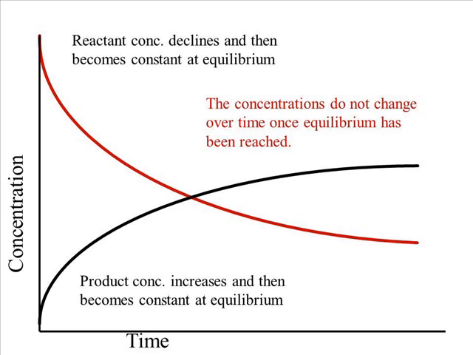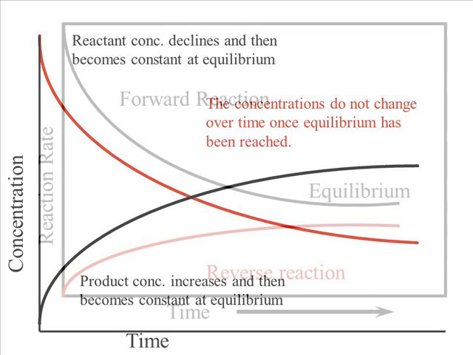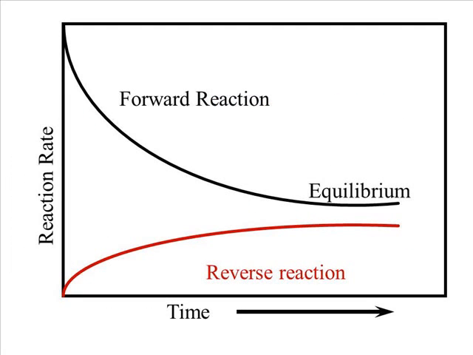You are still changing reactants into products. It's a very dynamic process, but there's no net change in the reactants or products at equilibrium. The better definition of equilibrium is when the forward reaction rate equals the reverse reaction rate. Then equilibrium has been reached.